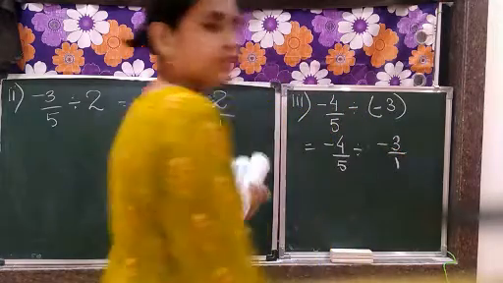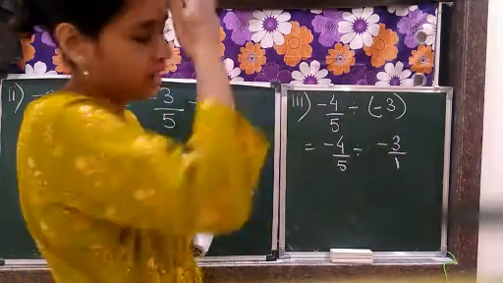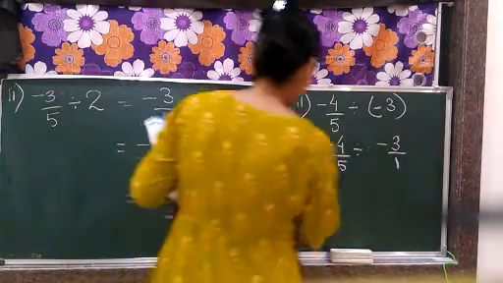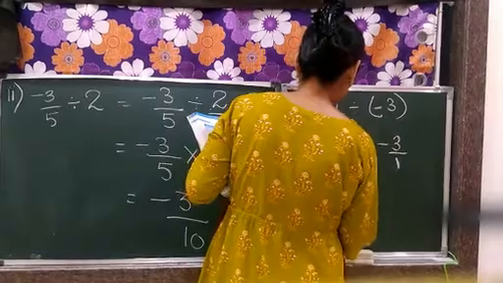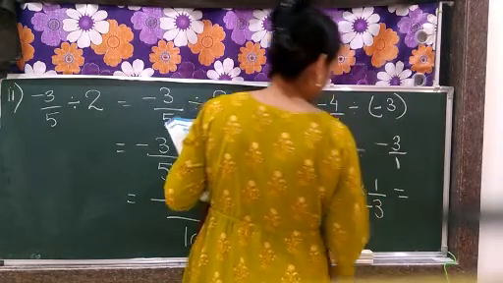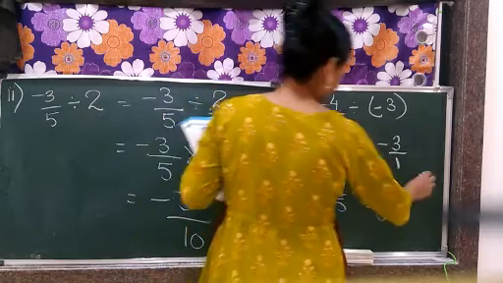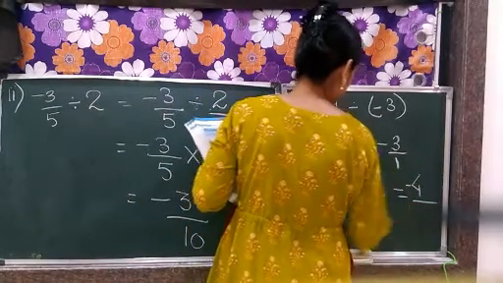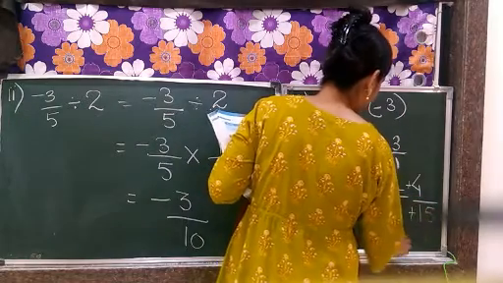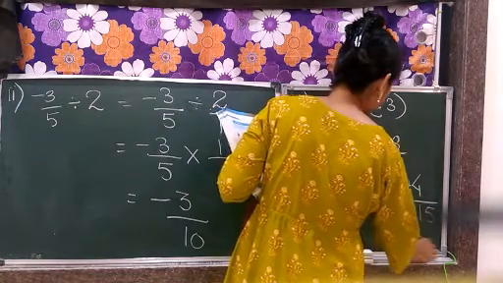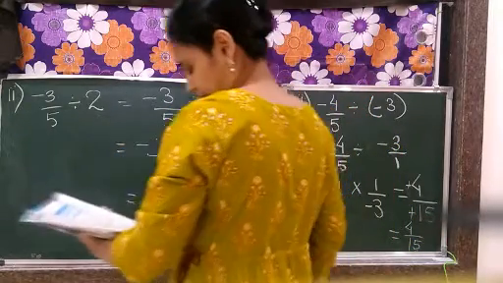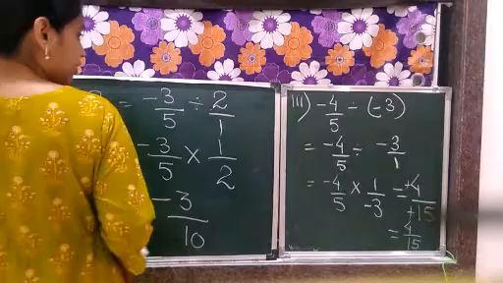Now this division sign will change into multiplication and the second rational number will write its reciprocal. Nothing can be cancelled. Okay. So 4 ones are 4. Minus sign is there. 5 threes are 15. Minus sign is there. Cancel. And answer is 4 by 15. This completes the third one.